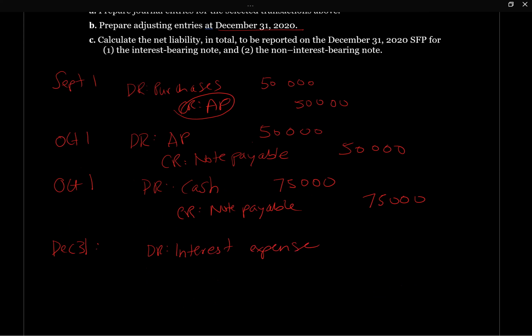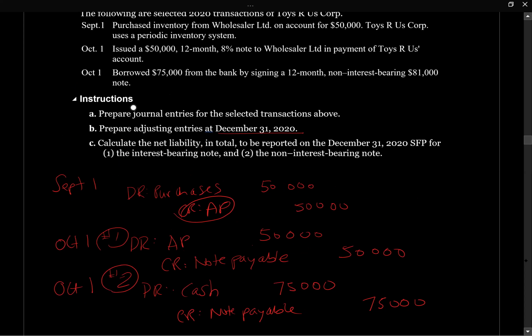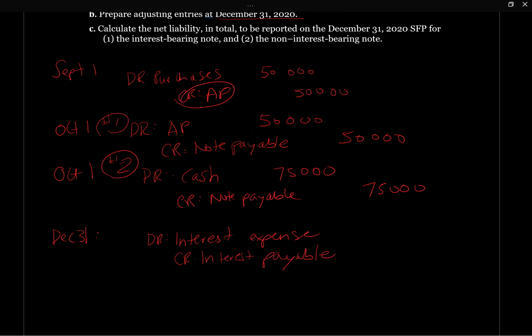Let's label this as number 1 note and number 2 note, because I think it will be easier if we can isolate the entries into each of the two notes. So the first note is an interest-bearing note. We know that it is an 8% note, so the other side of this is going to be interest payable. Even if we don't have to pay the interest, we still have to accrue the amount of the interest.